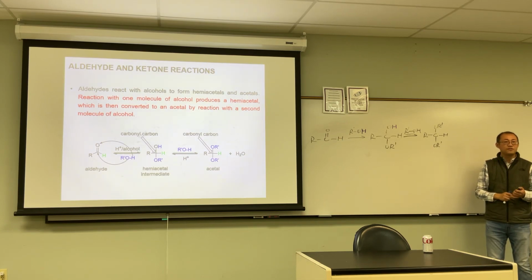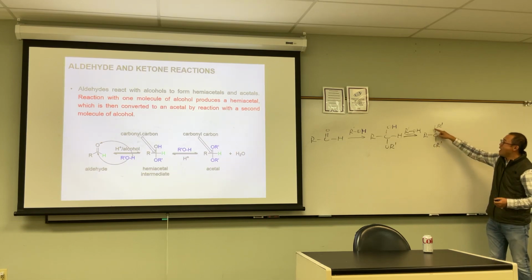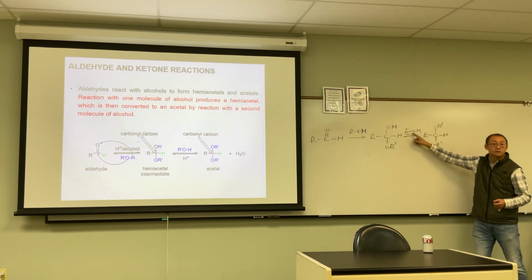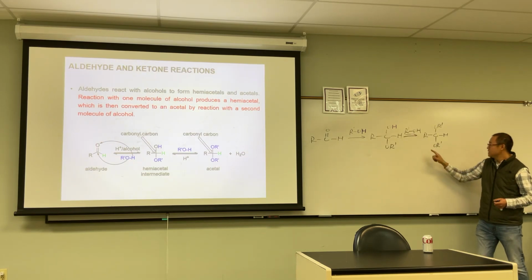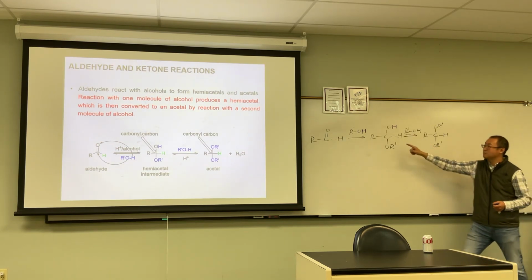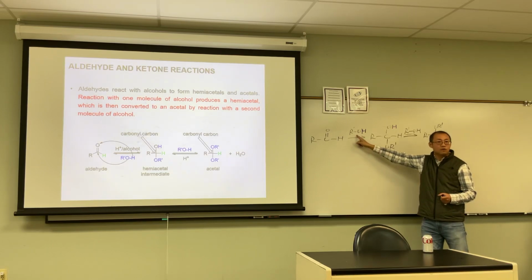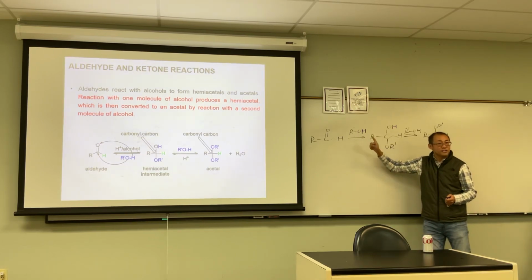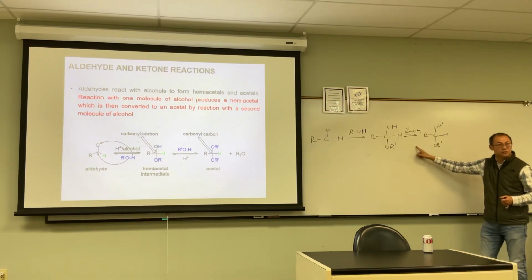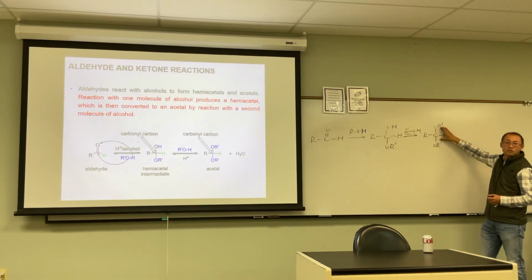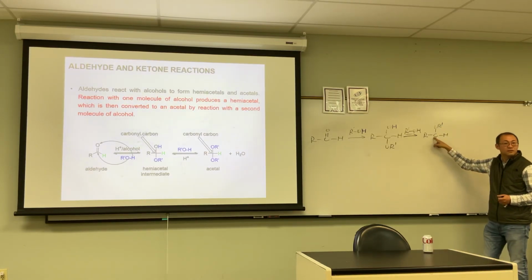So after this, you can see two alcohols. You guys see that? This is the OR. Where does the OR come from? The alcohol. This is the OR. Where does the OR come from? The alcohol. So after these two steps, two alcohols are added to where? To this carbon.